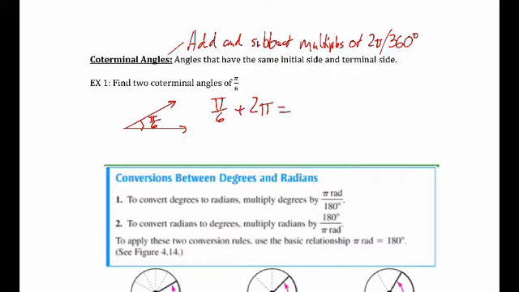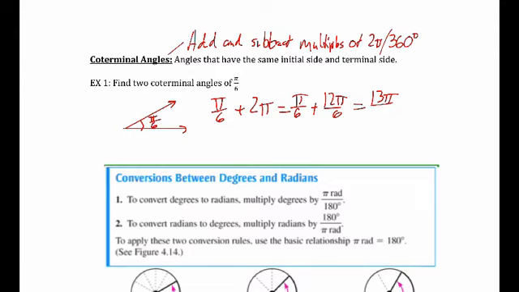So I'm going to convert 2 pi into something over 6: pi over 6 plus 12 pi over 6, which gives us 13 pi over 6. That would be as if we started on the same initial side and went a full circle and then back to there. So it's like 2 pi plus another pi over 6.